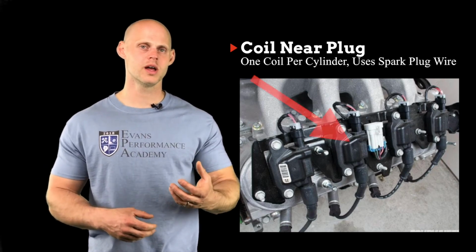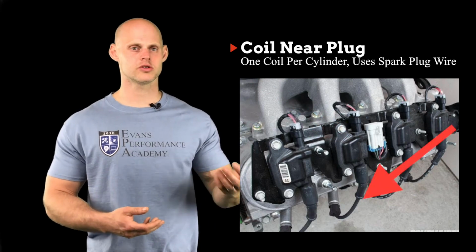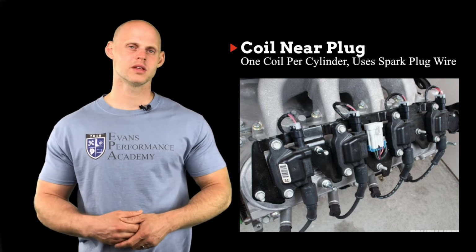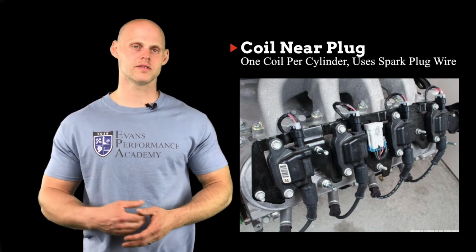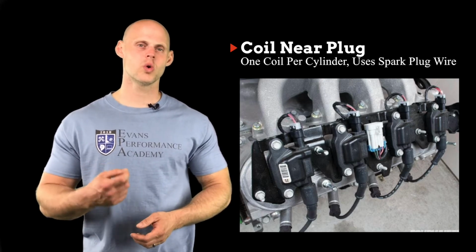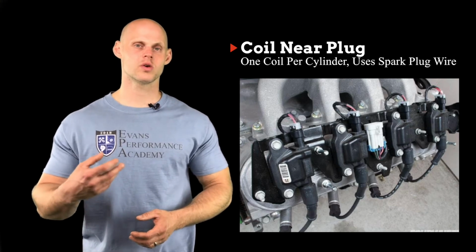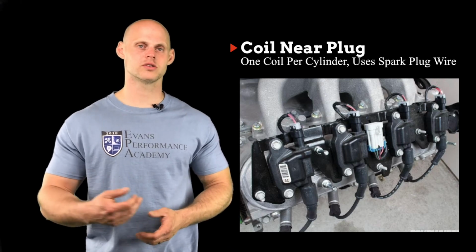So we're going to have our coil mounted on a bracket with a spark plug wire, similar to our distributed spark, that's going to go to our spark plug. This is probably most commonly found on the Chevy LS series of engines. So the engines you're going to see in the Corvettes and the Camaros are going to have this coil near plug setup, and that's because we can't run a coil right on top of the exhaust manifold that's located right next to the spark plug.